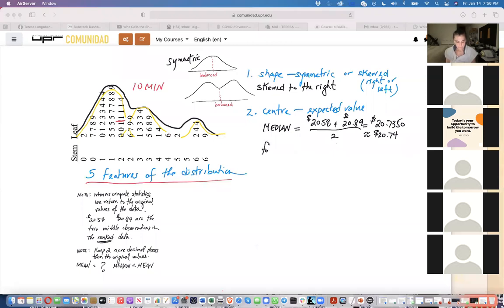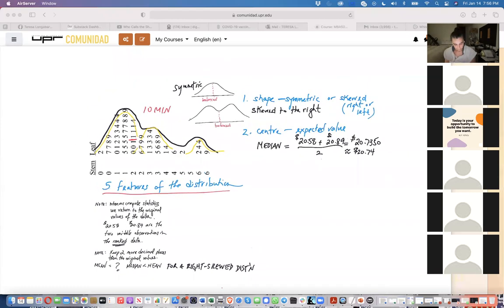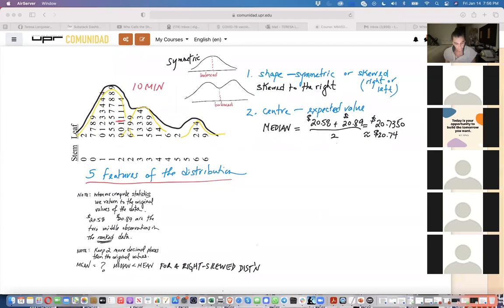So for a right skewed distribution, it should be the case that the median is smaller than the mean. The mean should be over here closer to this tail or the extreme values.